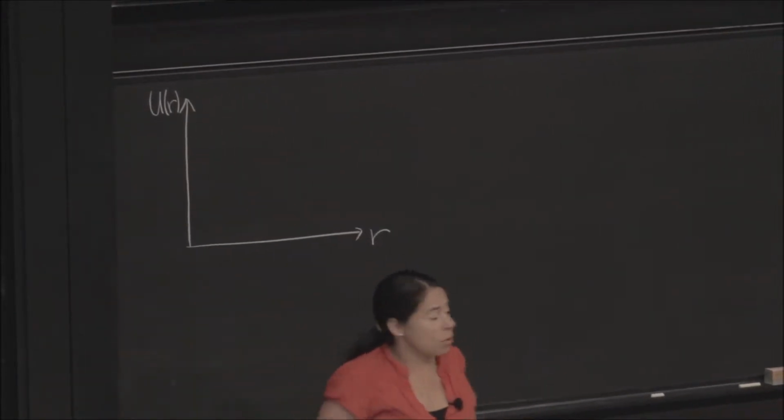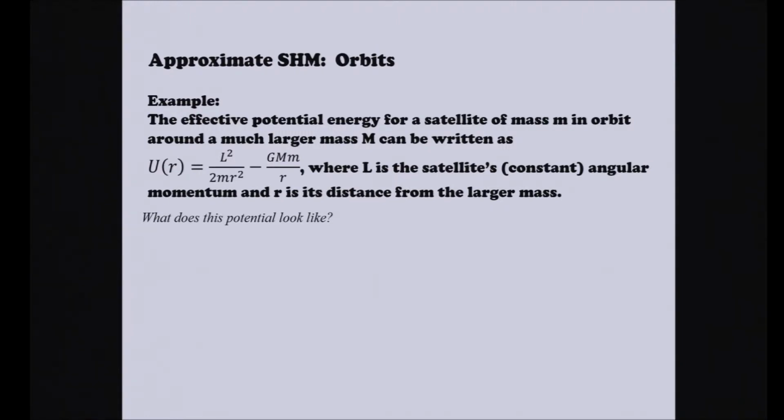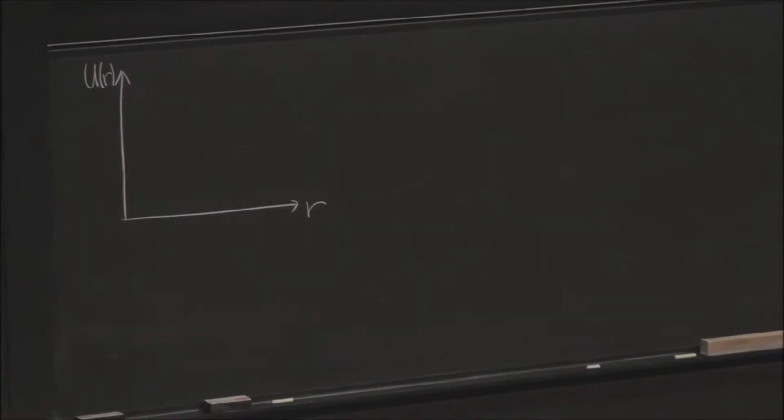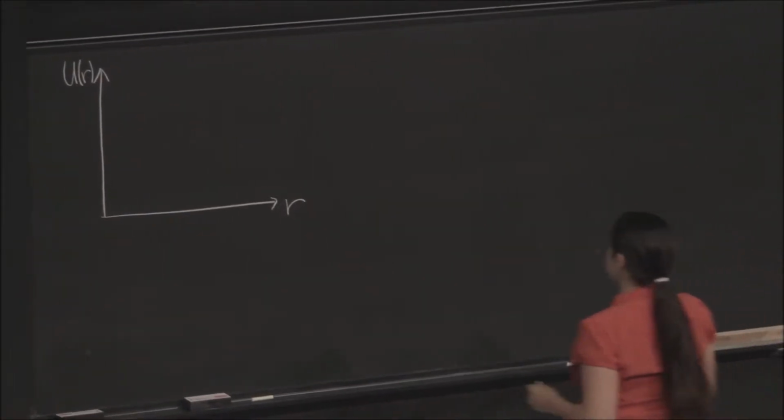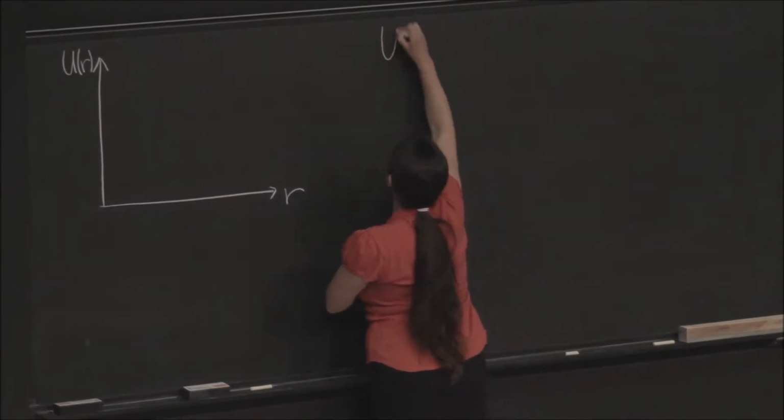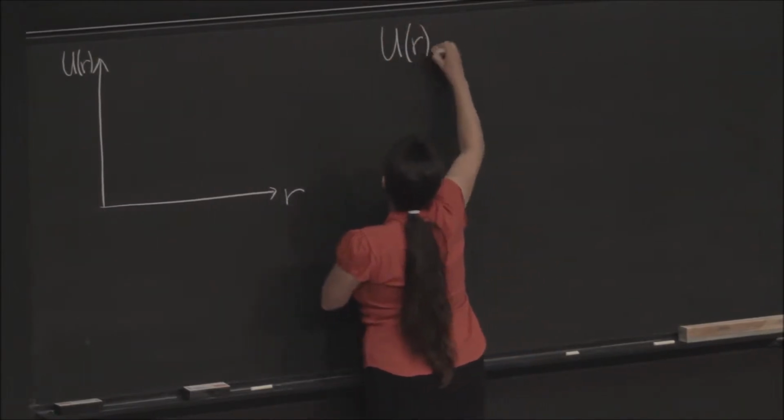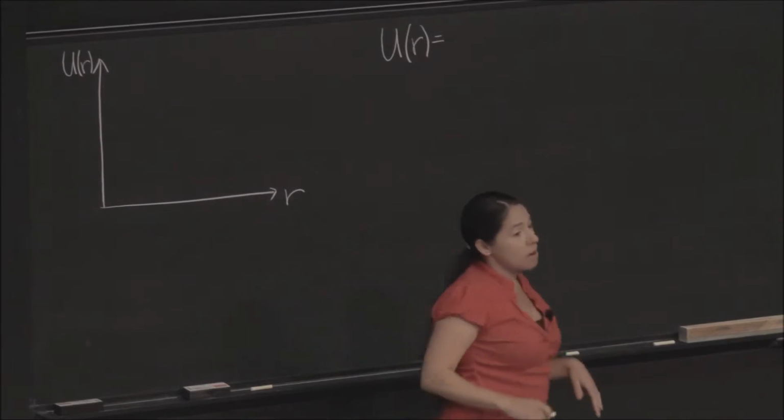Okay, so when R is really, really tiny, which of these two terms, the 1 over R squared term or the 1 over R term, is going to dominate? The left one. Why? Well, because it's 1 over R squared.